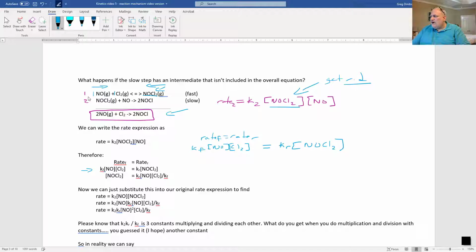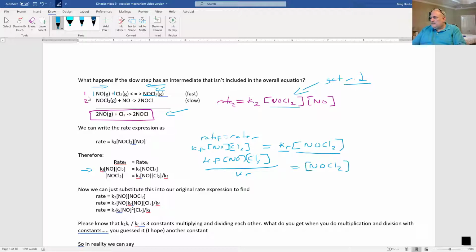Now, why is that a big deal? Well, couldn't we rearrange to get NOCl2 by itself? If we do that, couldn't we divide both sides by this Kr right here? And the end result would be that we would have Kf times NO times Cl2 all over Kr is equal to NOCl2.